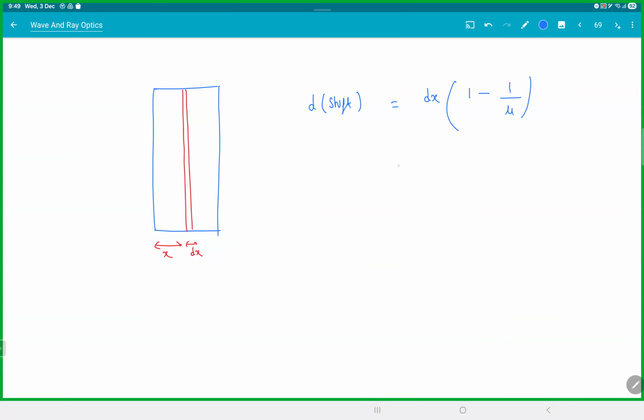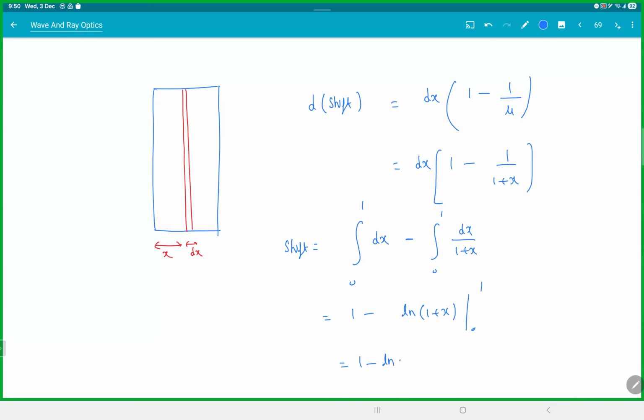This is dx into 1 minus 1 by 1 plus x. Integrate this. Limits will go from 0 to 1. That will be 1 minus ln of 1 plus x, with limits from 0 to 1. So 1 minus ln 2.